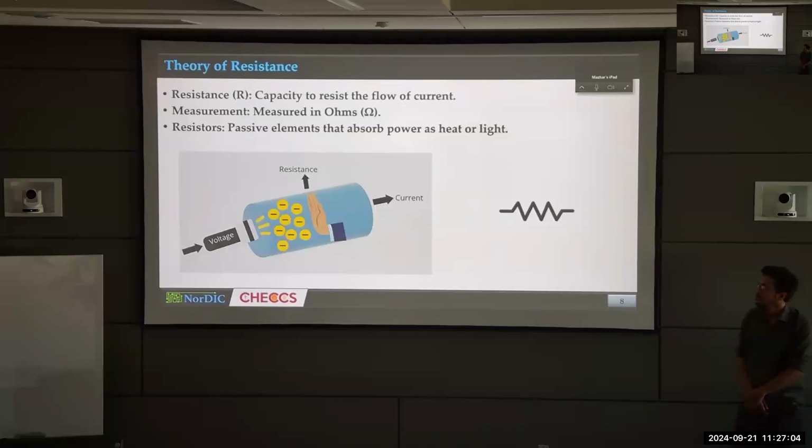There's a crazy guy who started this by saying, I have a battery and I want to measure the current. So he was able to measure the current. He started to change the diameter of the same material and see what happened to the current. Then once he measured different diameters, he said, okay, I'm going to change the material.